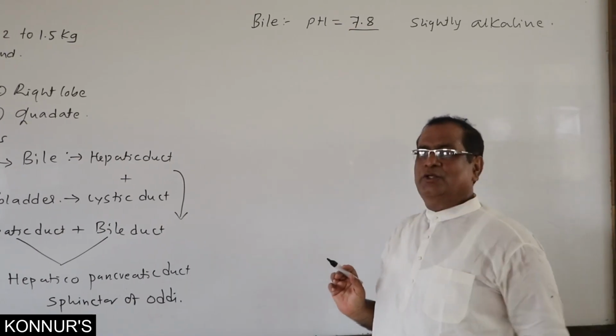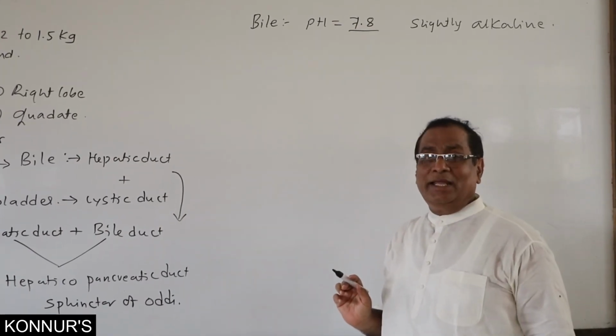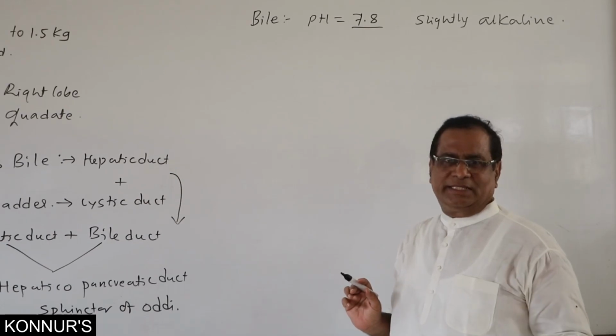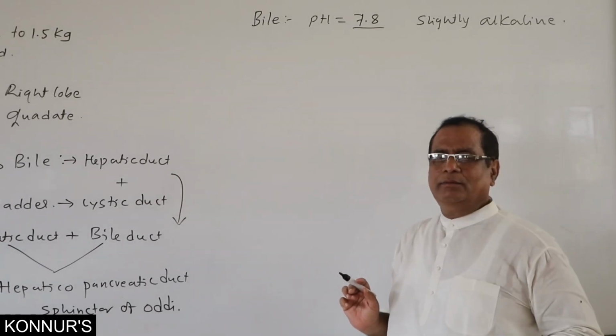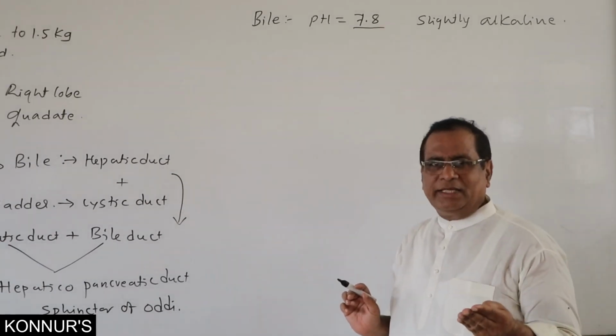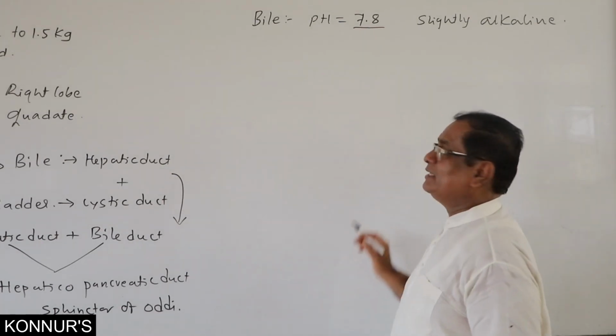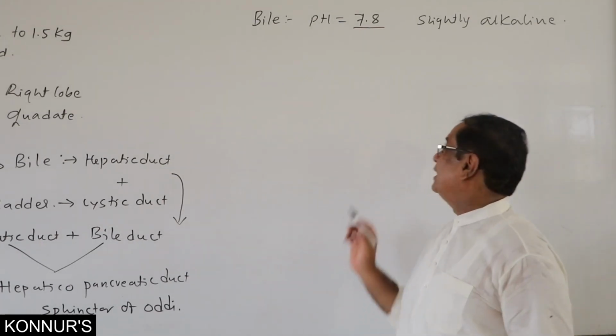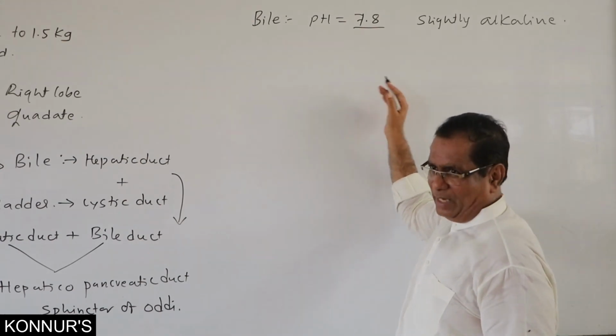Gastric juice is highly acidic, 1.8. Saliva is slightly acidic, 6.8. And bile is slightly alkaline, 7.8, above 7 and nearer to 7.